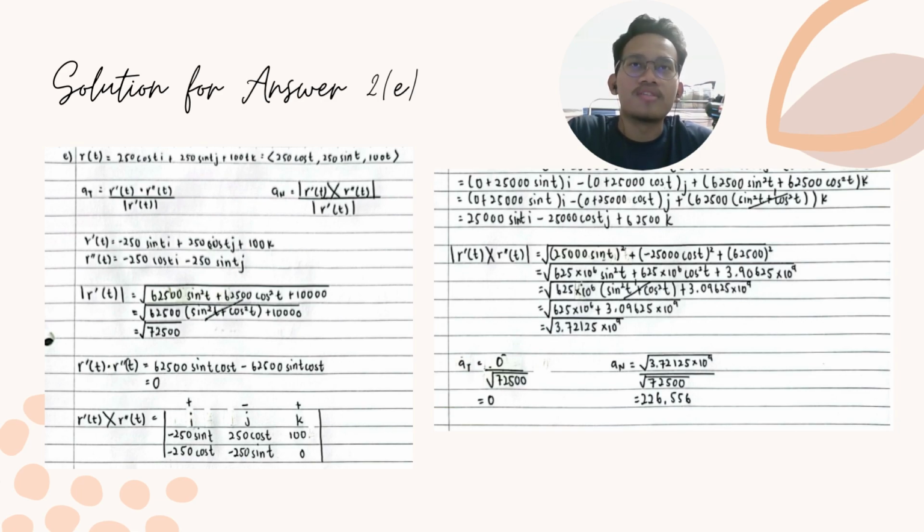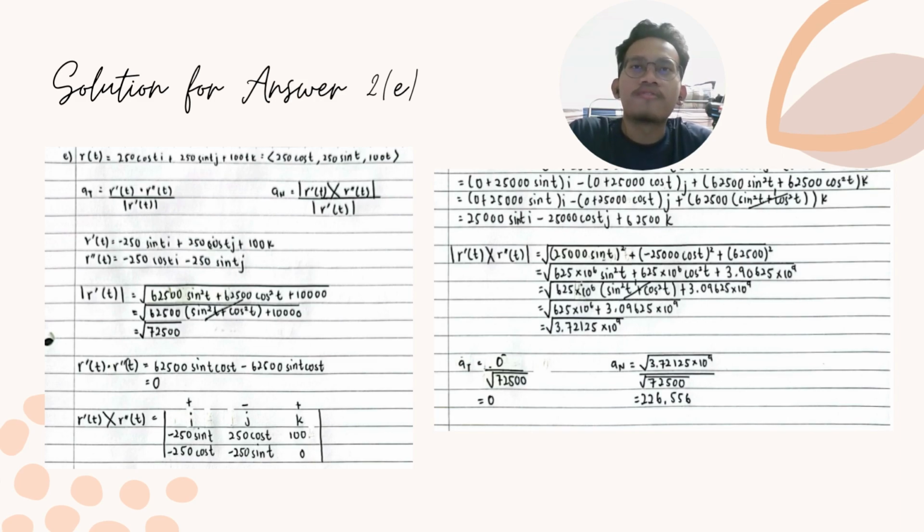So plus 10,000, and we will get the square root of 72,500. And then for the dot product of the first derivative and second derivative of r(t), we get 62,500 sin t cos t minus 62,500 sin t cos t, and then we get the value 0.